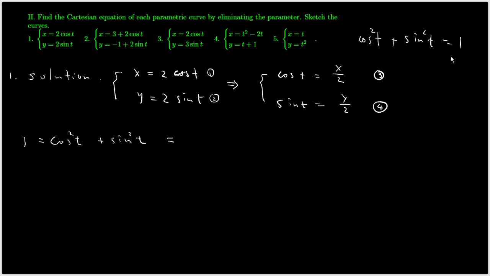On the other hand, cos of t is half of x, so cos of t squared is x squared over 4, and sine of t squared is y squared over 4.